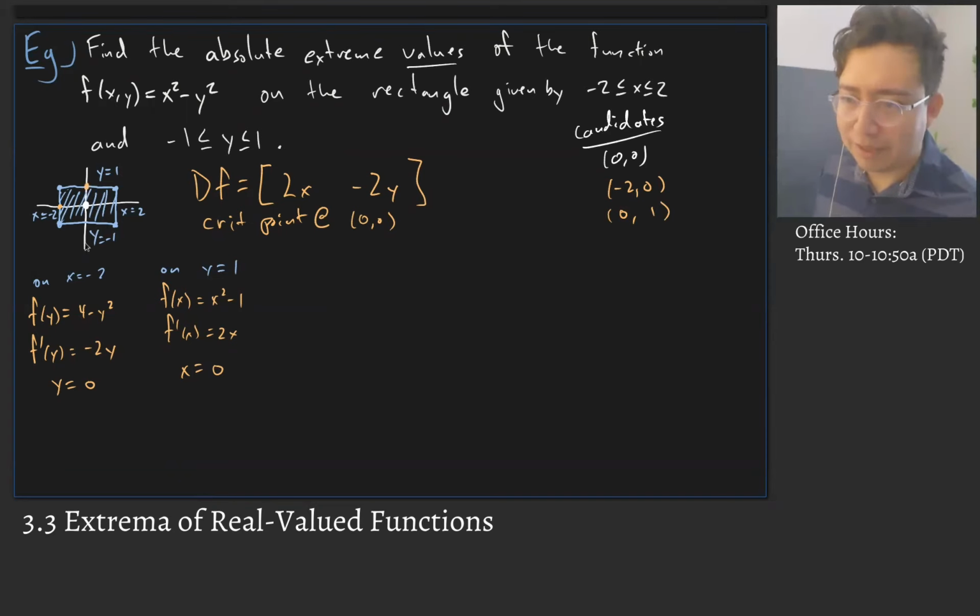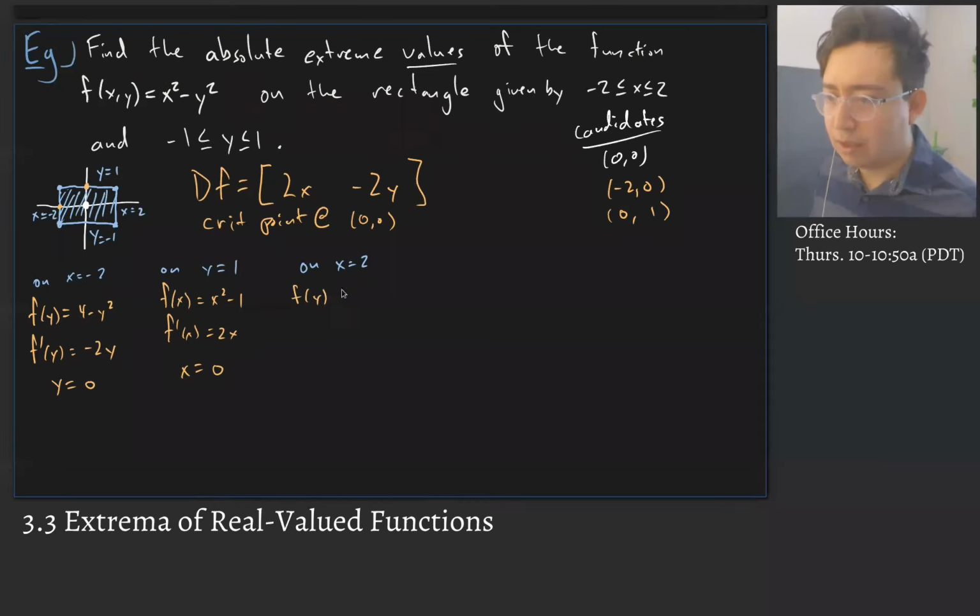And you can maybe see the pattern of the points we're going to get for all of these. And so on x equals 2, we get f of y again equals 4 minus y squared. So the calculus all works out the same.